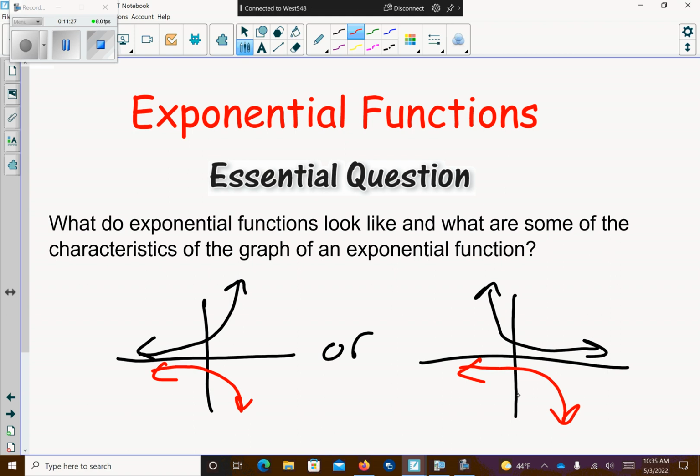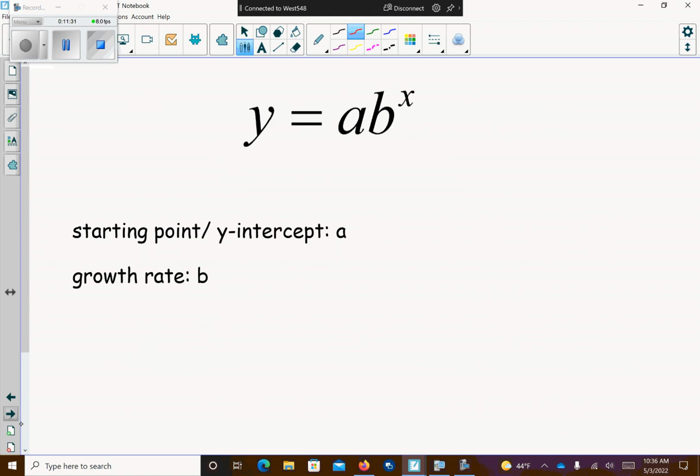So that's what we have to do. And they have a basic iteration of y equals a times b raised to the x. And you have a starting point and a y-intercept at a. Okay? So this value here, if a and b are numbers, what can you tell me about that first a? Does it have an exponent with it? No. Okay? The growth rate is b.